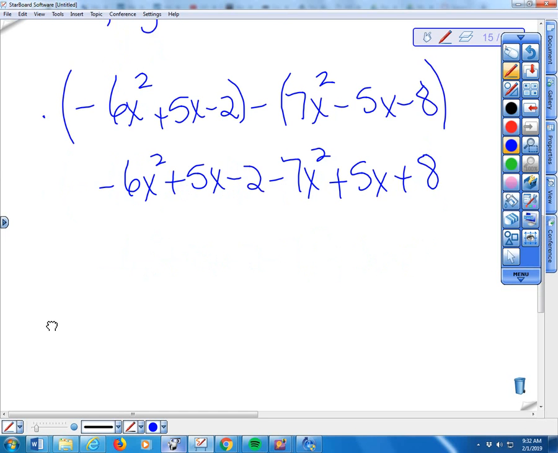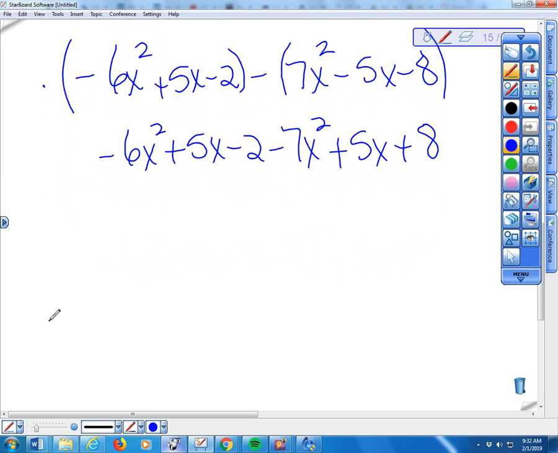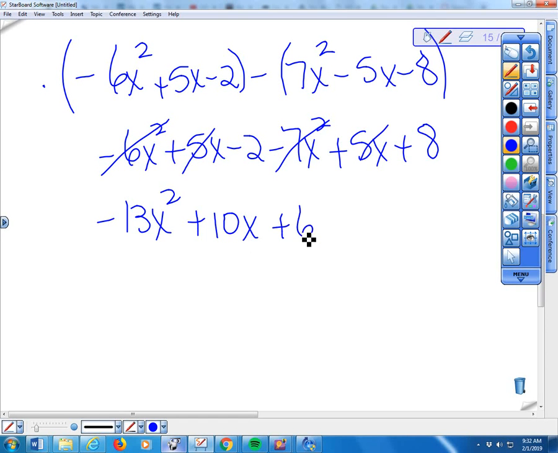Now I'm just going to combine like terms. Negative 6 minus 7 is negative 13x squared. 5x plus 5x is 10x. Negative 2 plus 8 is 6. And there it is.